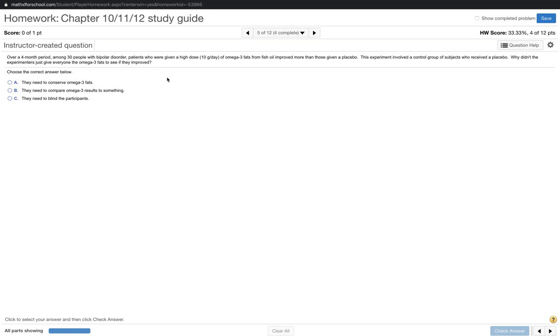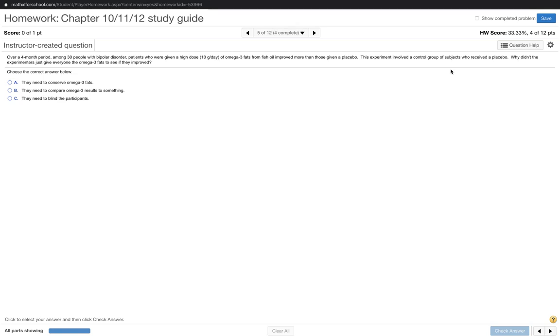Over a 4-month period, among 30 people with bipolar disorder, patients who were given a high dose of omega-3 fats from fish oil improved more than those given a placebo. This experiment involved a control group of subjects who received a placebo. Remember, a placebo is a fake treatment.